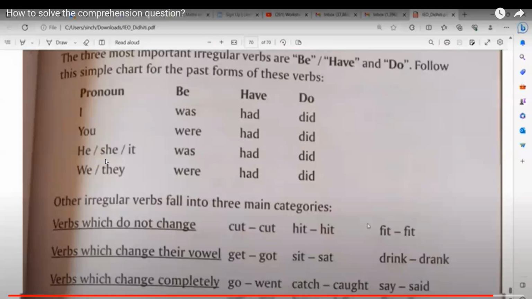Okay, now can you give me an example with she and had, Shivam? She had a pair of socks. Very good. Excellent. Okay, Rajdeep, can you give me an example with she and had? She had a beautiful dress.